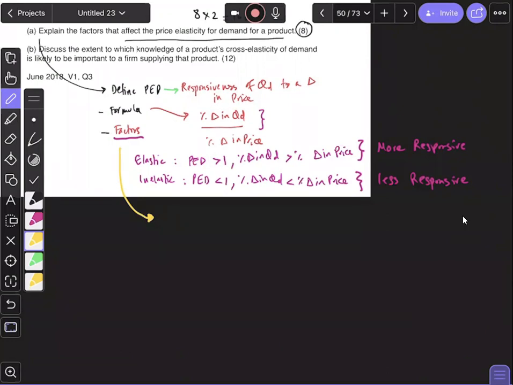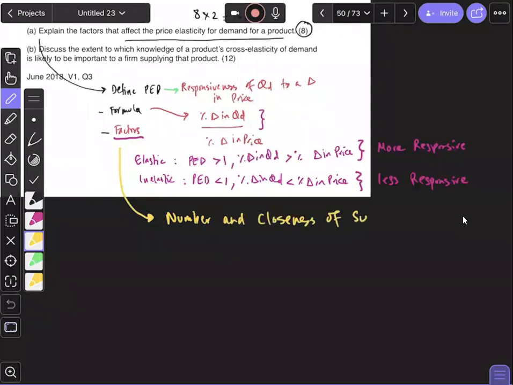The quality of substitutes, and complementary. Or the availability of substitutes. So let's first talk about the more important one for me, which is whether you have close substitutes or not. The first factor that affects elasticity is the number and closeness of substitutes.